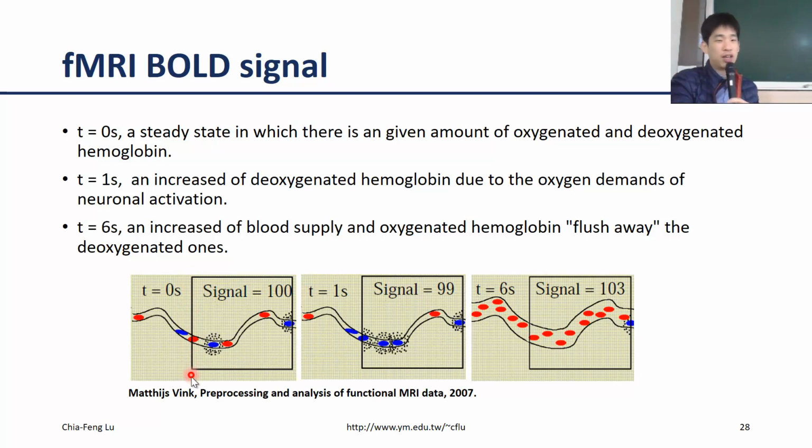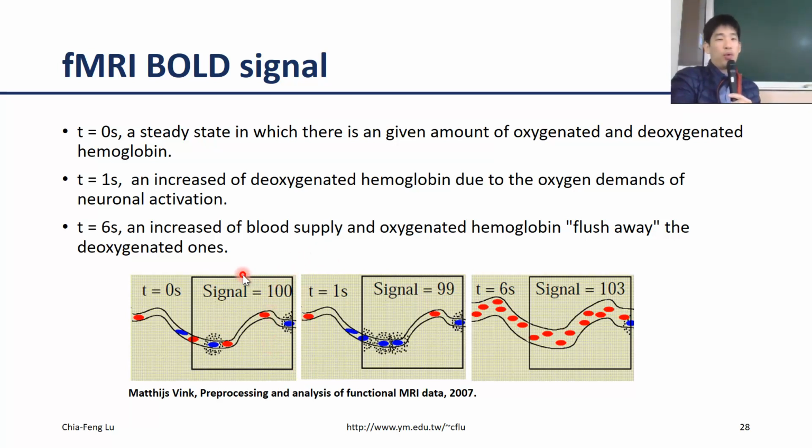Within this voxel region, we have 2 blue dots right here. That means we have 2 units of deoxygenated hemoglobin. And within this square area, we have 1, 2, 3 red dots. So we say we have 3 units of oxygenated hemoglobin right here. Okay.